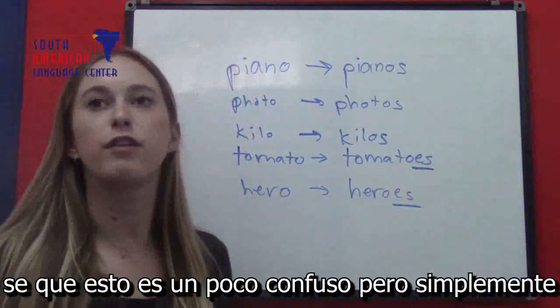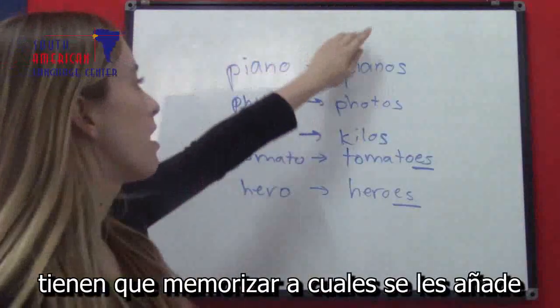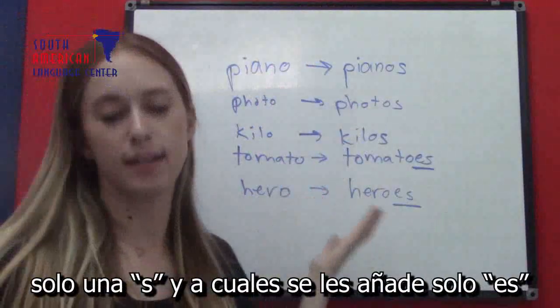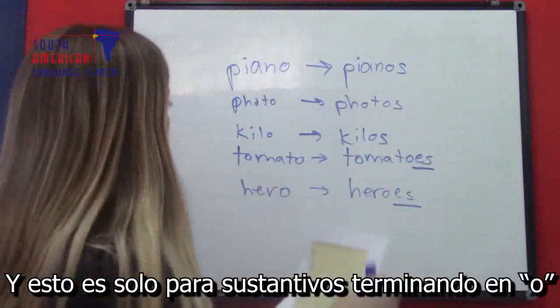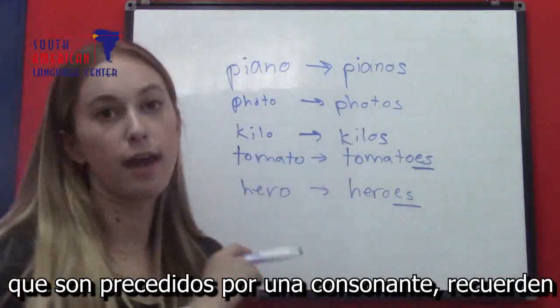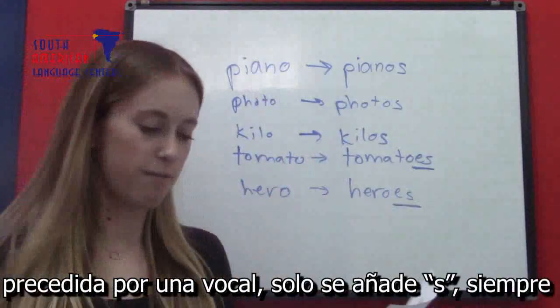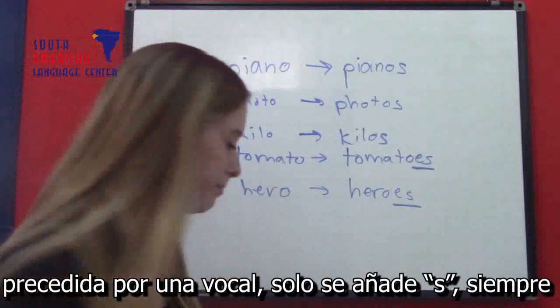So I know this is kind of confusing, but you just have to memorize which ones you just add an S and which ones you just add an ES. And this is only for nouns ending in O that are preceded by a consonant, remember. Remember when nouns end in O and are preceded by a vowel, we only add S always.